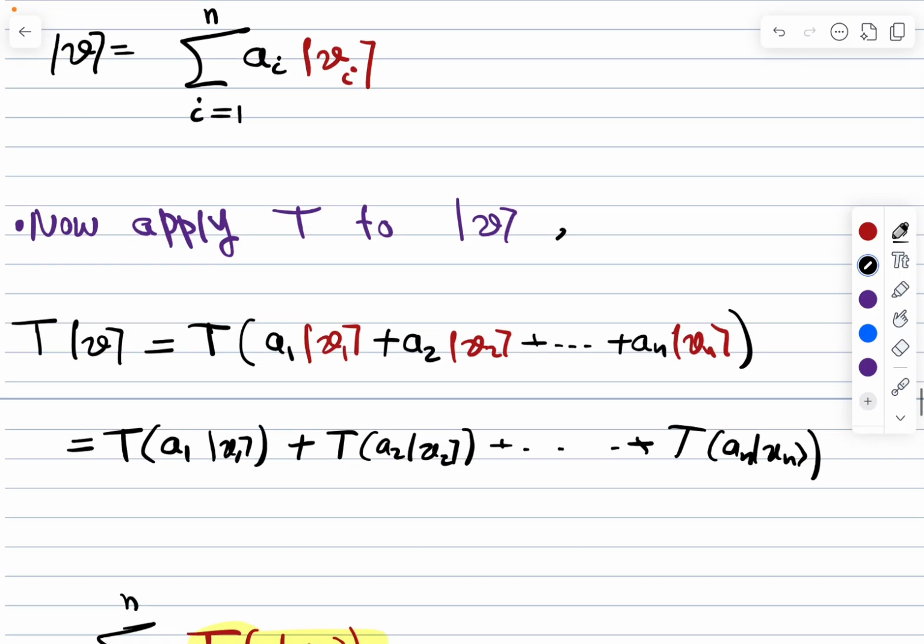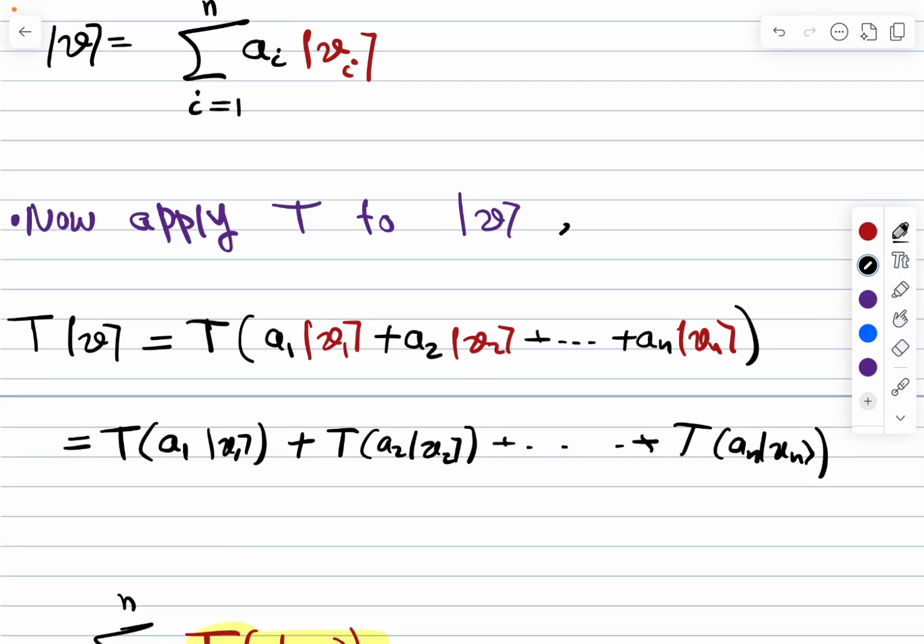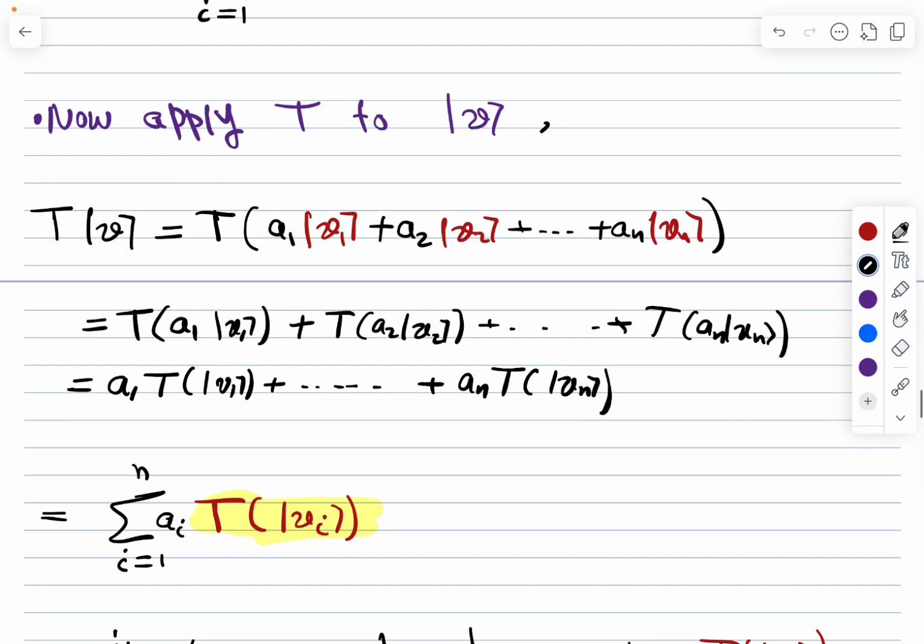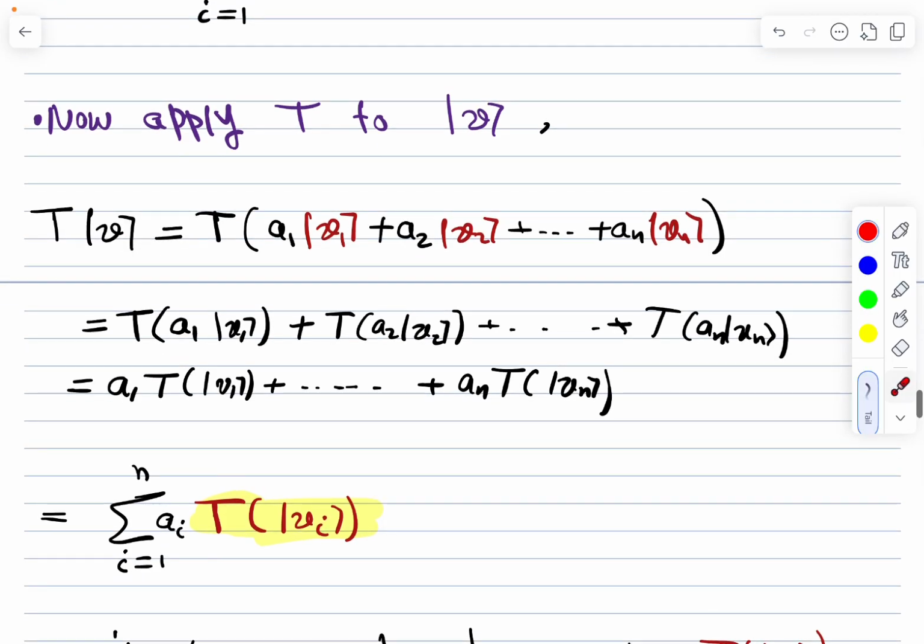But we have another property, which is that we can take the scalar outside. So we can have a1 T v1 plus, until, an T vn. And if we want to write it in a compact way, we can write it as a summation.